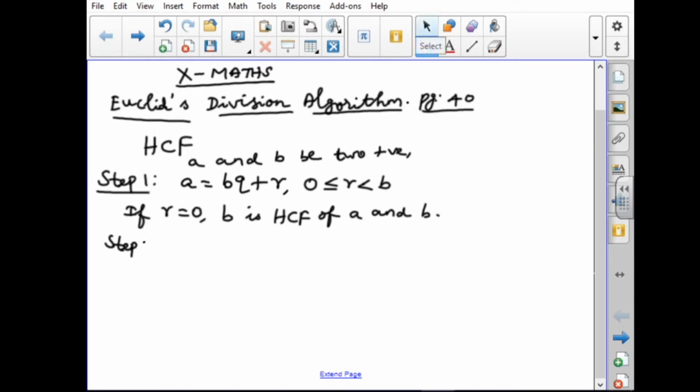Step 2. If R not equal to 0, then again we have to use the division algorithm. We have to write like this. If R not equal to 0, again we have to apply the division algorithm.